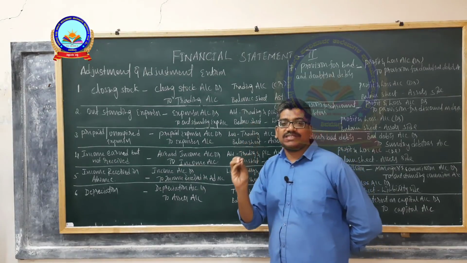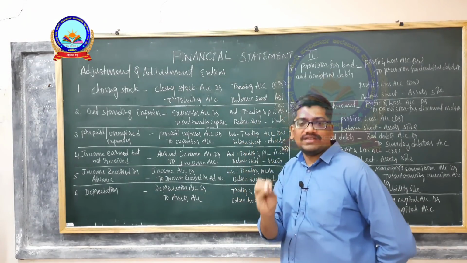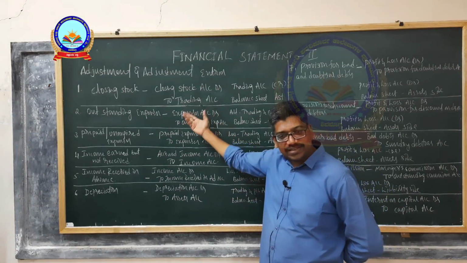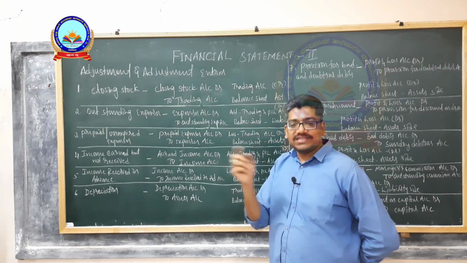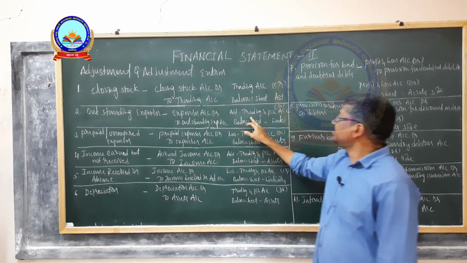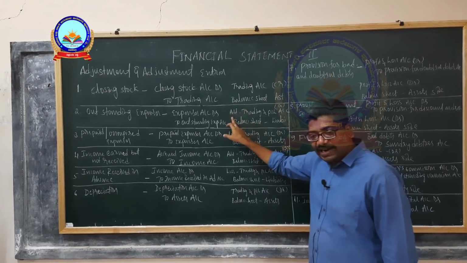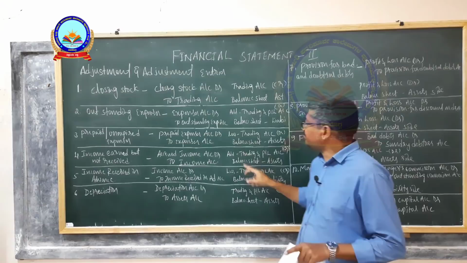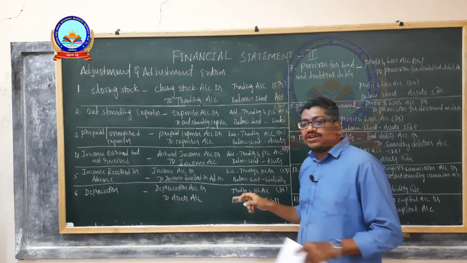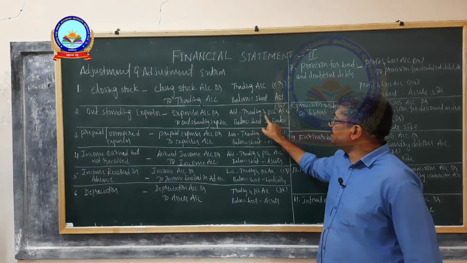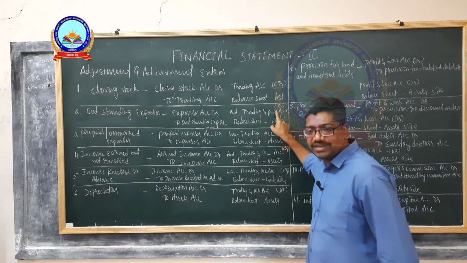So in the trading account, we add the outstanding wages to the wages account, and in the profit and loss account, we add outstanding salary to the salary account on the debit side. That means in the trading and profit and loss account, we record it on the debit side.